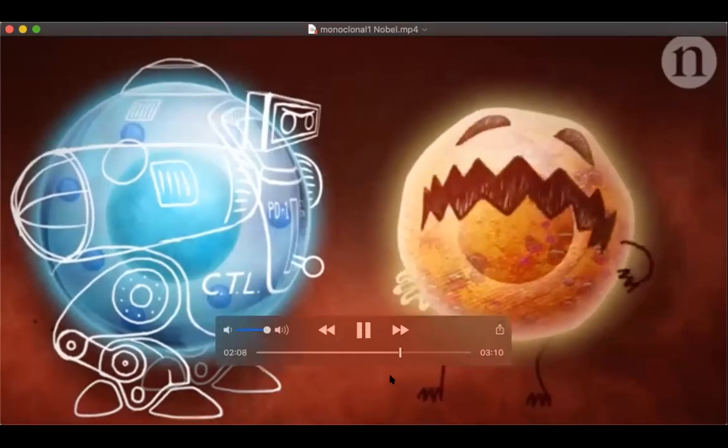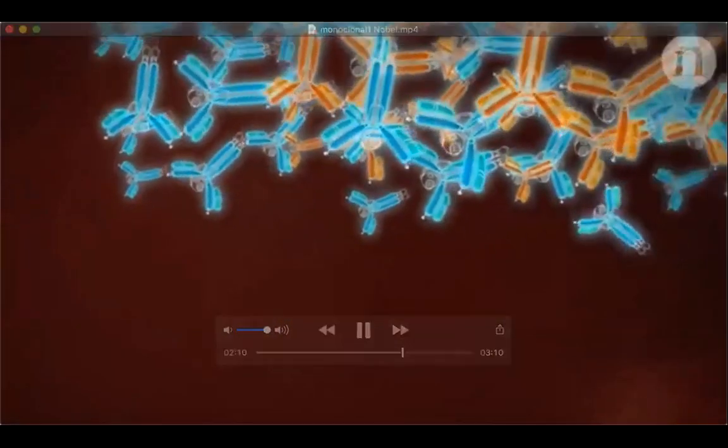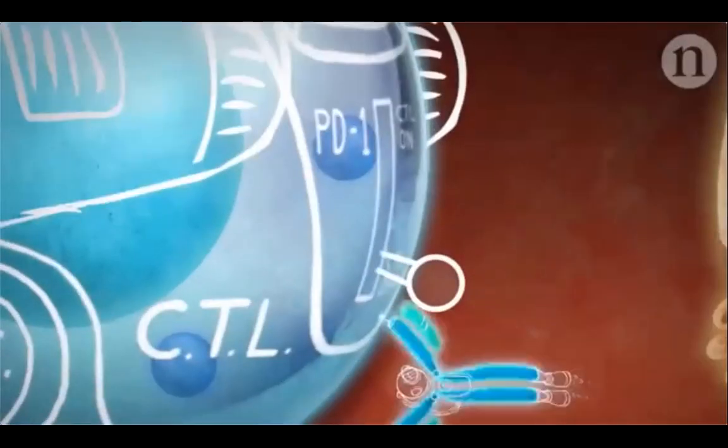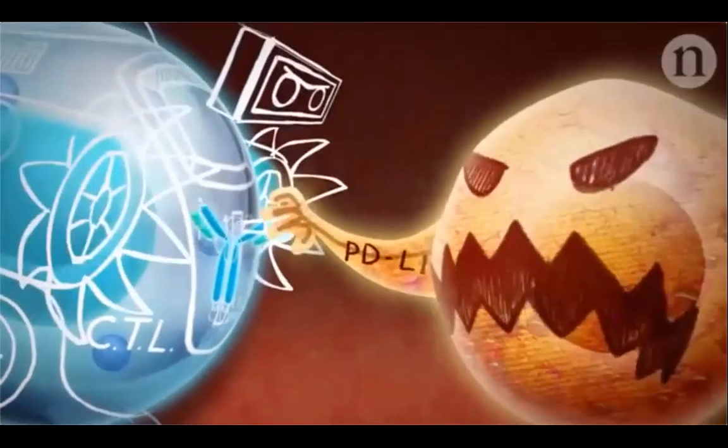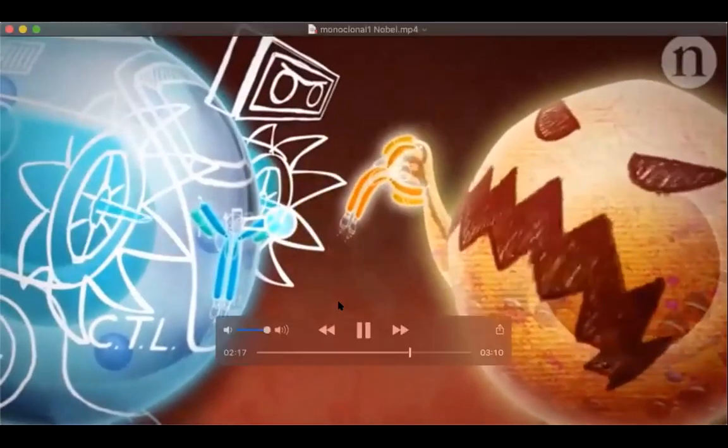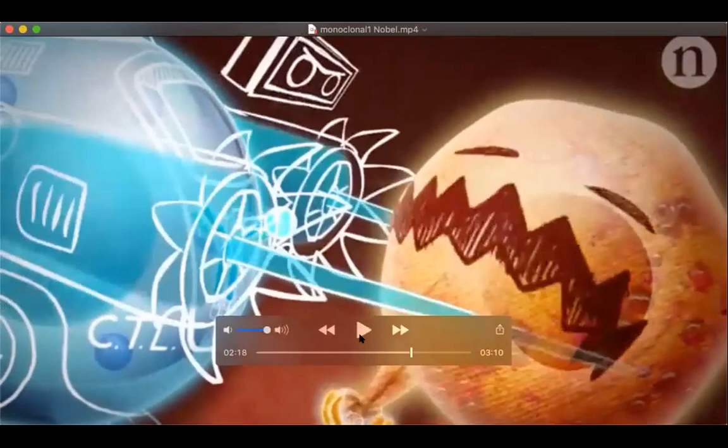These come in. Scientists can use one of two types. One that binds the PD-1 molecule, or another that goes for PD-L1. So here, scientists have managed to generate two different monoclonal antibodies.